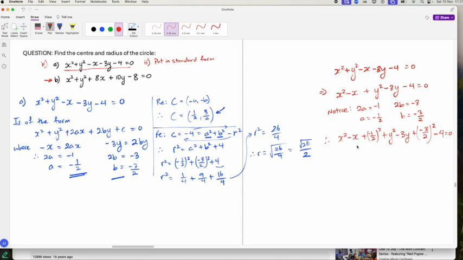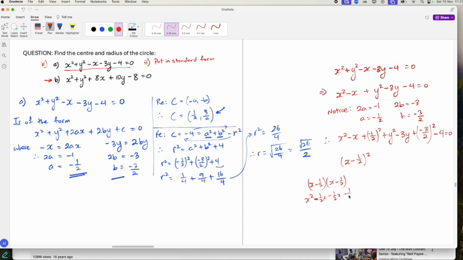This here will end up being x minus a half squared. Because if I take x minus a half into x minus a half, I'm just checking it over here. x times x is x squared. I'll have minus a half x. I'll have minus a half x.